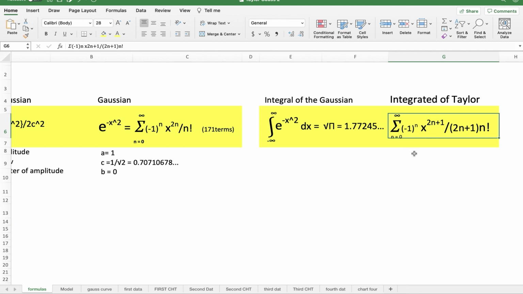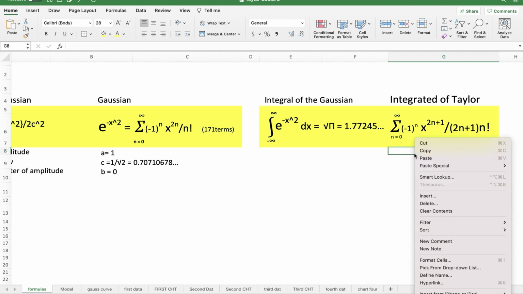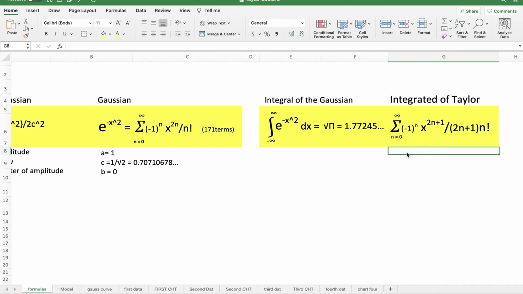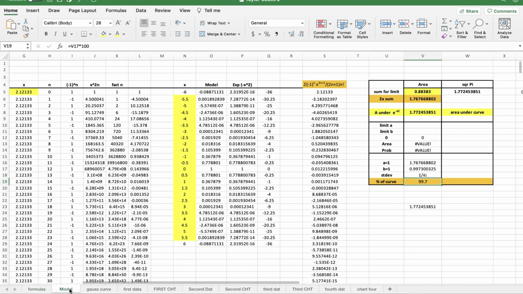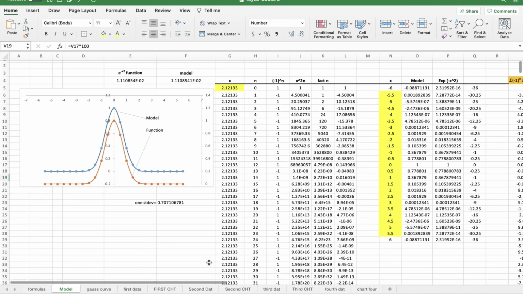In fact, the denominators, you end up with, well, we'll show you with the table that I made with the model, this Taylor series model of the integral, and it works out surprisingly well. You'd be pretty surprised at the accuracy.